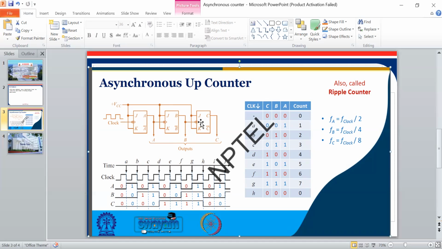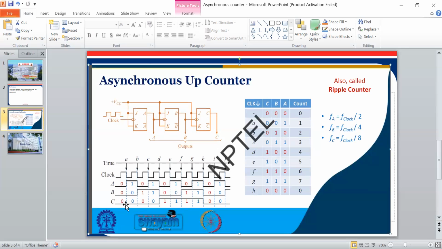Similarly, for flip-flop C, its clock is nothing but the signal B. So whenever the negative edge of signal B comes, at that time C will toggle. In the waveform here we can see at instant D, the negative edge of B appears. So here output C is toggling from 0 to 1.